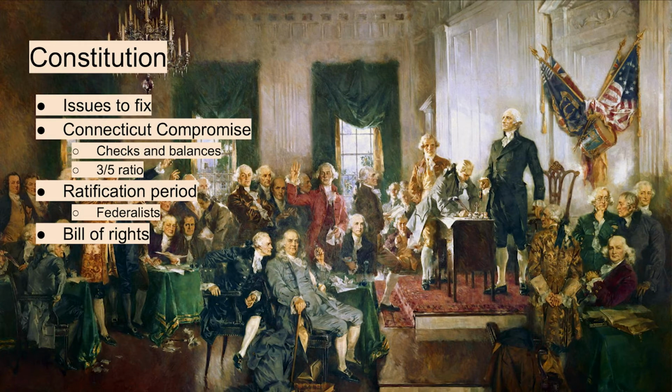So you can see there's this ability of all the different branches to kind of bite at each other and to keep each other in check, because the founders are extremely paranoid of there being a new king. After all, they had just rebelled against monarchy. They don't want it to come about again.